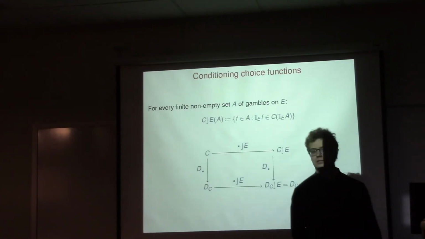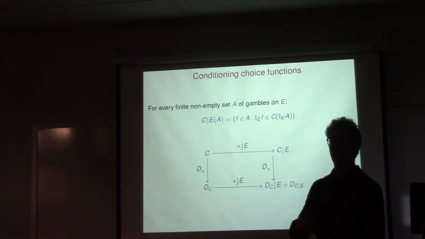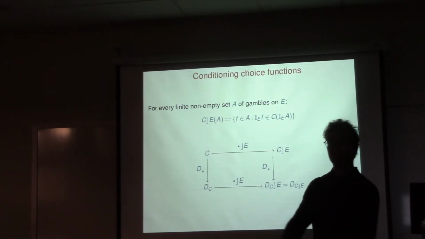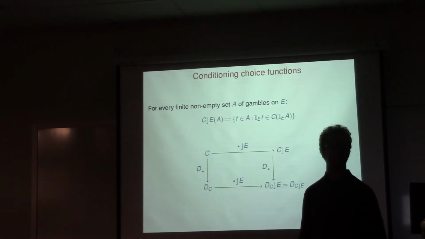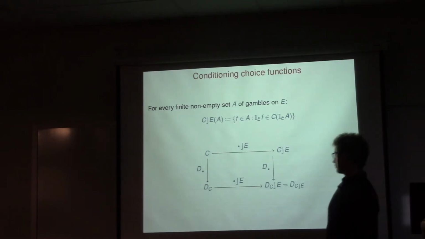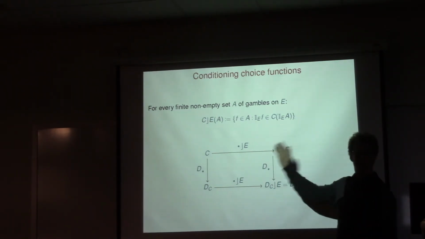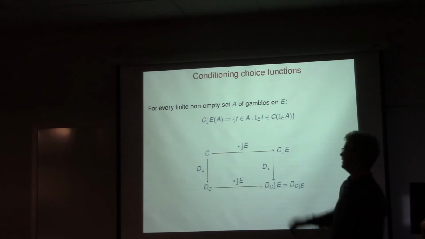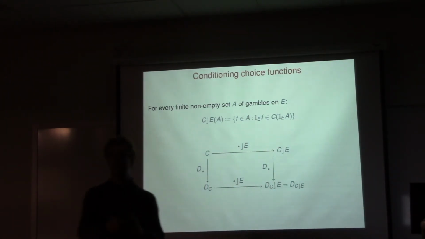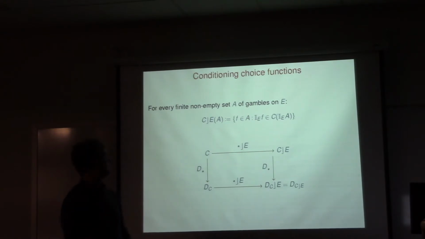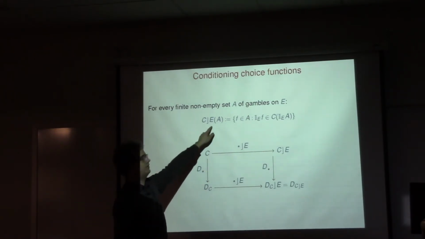Now I want to do the same things as before: conditioning and marginalization, and then I want to finish with a notion of symmetry and exchangeability. So conditioning for choice functions is also very elegant, and it's the same idea. I start with the choice function C, and I have a conditioning event E. What is my conditional choice function C given E?